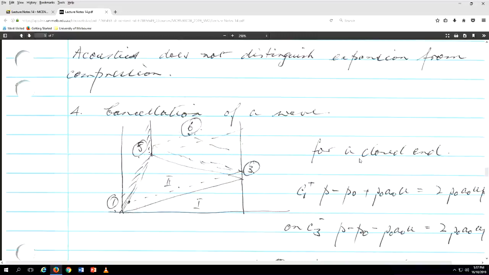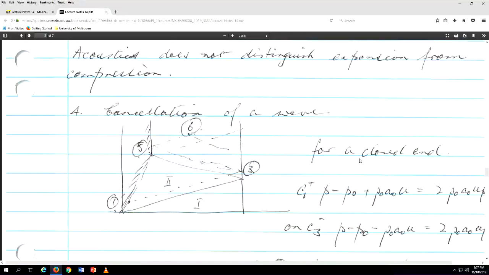What if I required this piston, when this wave comes back here, to instantaneously stop? Suppose it instantaneously stopped. Would I cancel the wave? Well, that's a good question.